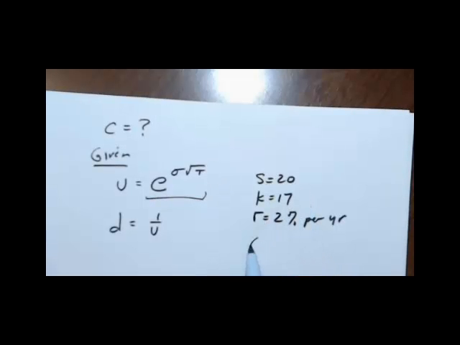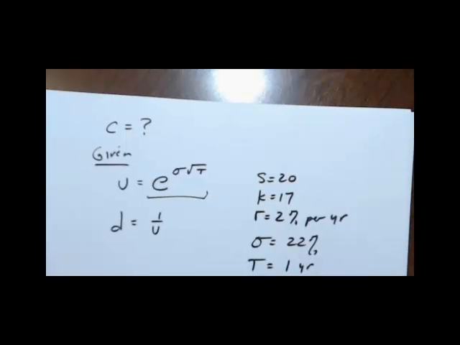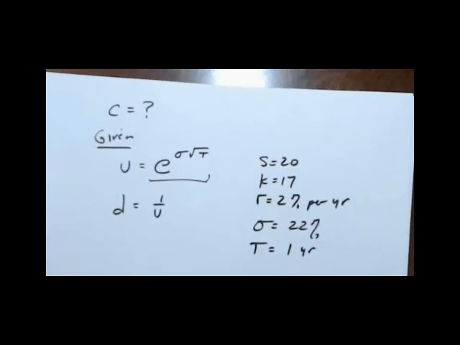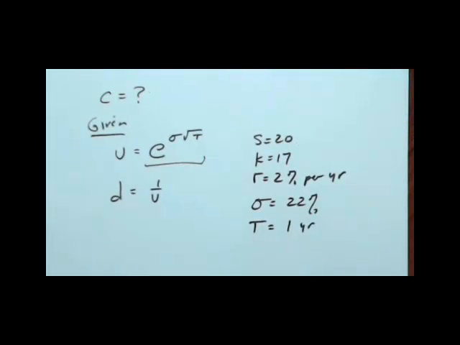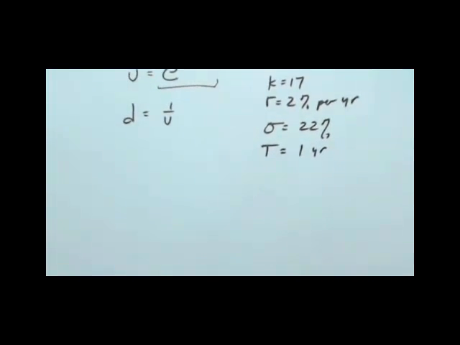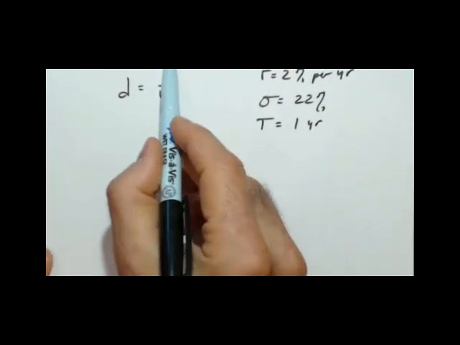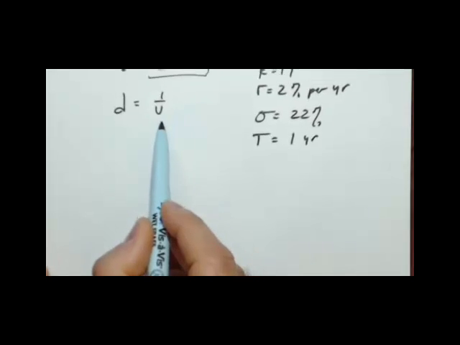We have a sigma equal to 22%, an annual sigma. We're going to say T equals 1 year, an option with 1 year. And what we're going to do is build a tree, kind of like the pretty tree on the cover of your text. A binomial tree. Binomial means the stock can go up or it can go down, by this amount or by that amount.